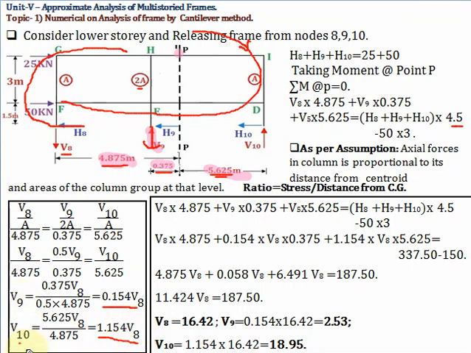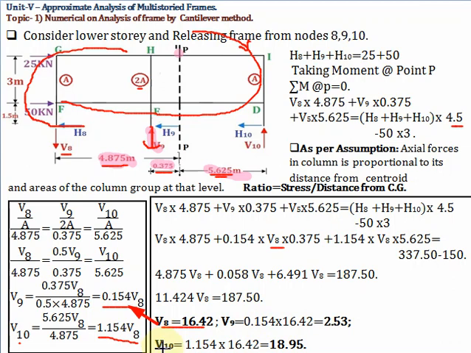So we'll put the values of V9 and V10 in this equation. Now if you see here, there is only one unknown, that is V8. If you simplify this equation and solve, we'll get the value of V8. So the value of V8 is 16.42. Now put this value of V8 in this equation: 0.154 into 16.42 gives 2.53. This is the value of V9.